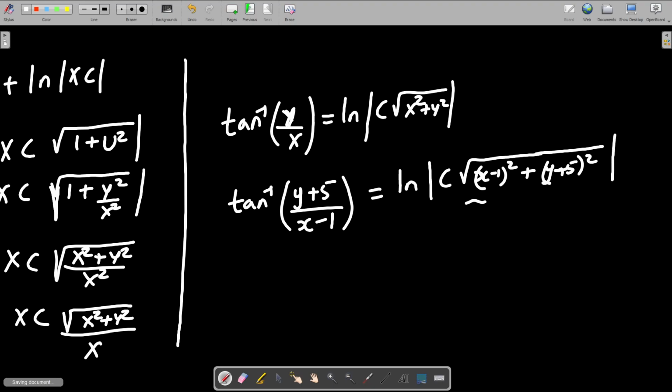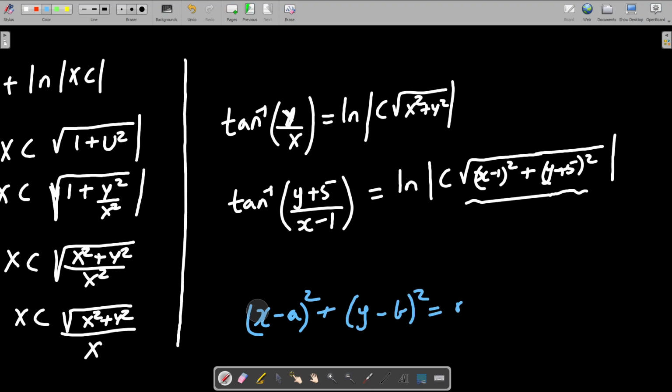Do you all recognize this? Do you know what equation this is? This is the equation of a circle, right, if you equate it to something. You don't know that? This is the equation of a circle: x minus a the whole square plus y minus b the whole square is equal to r square.